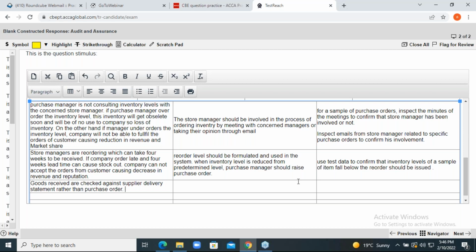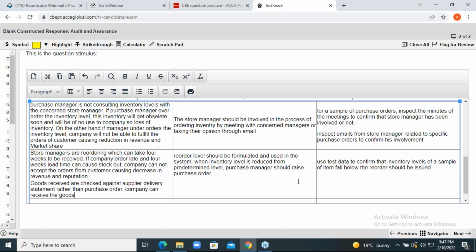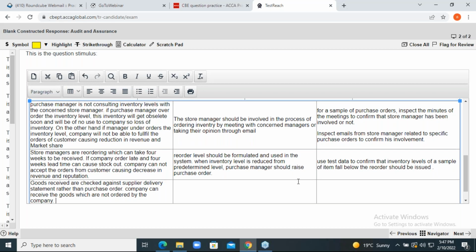Now, what is the consequence of that? The company can receive goods which are not ordered by the company. This is important.